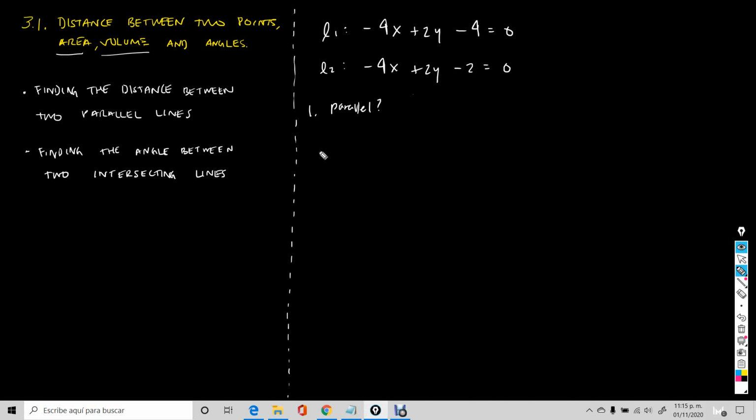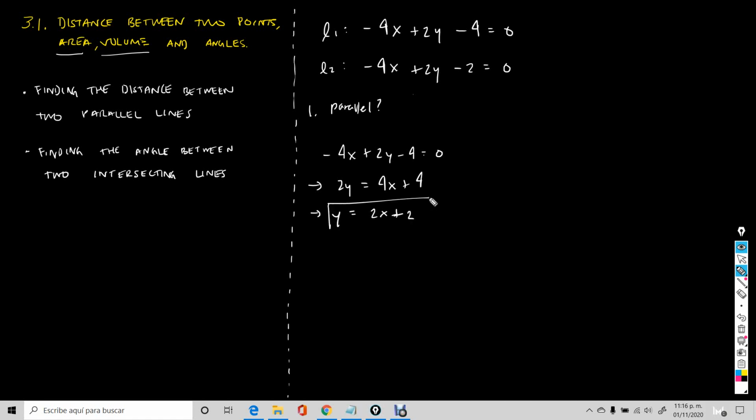Well, let's check. All I need to do is put them into the slope-intercept form of the equation. For example, this first equation, which is L1, if I put it in this way, then I divide over 2, we get this.